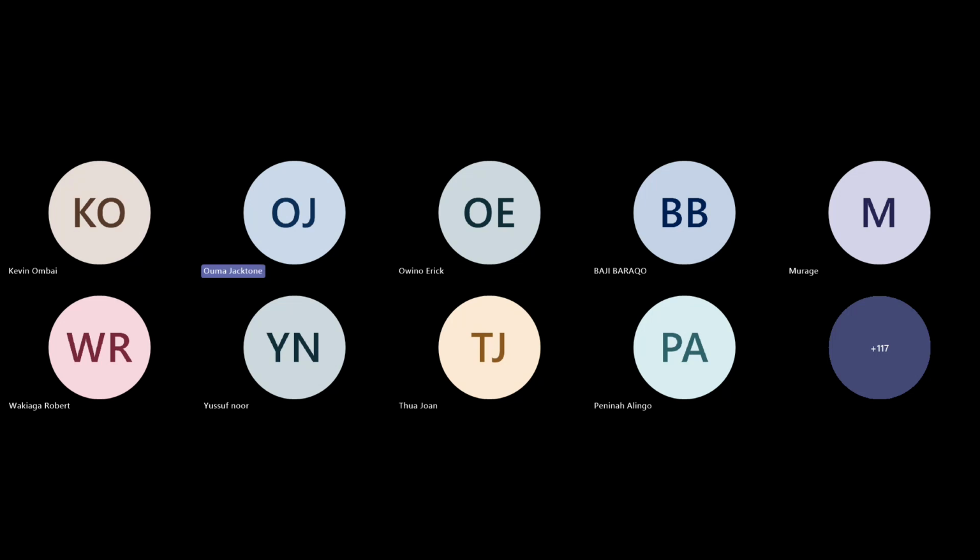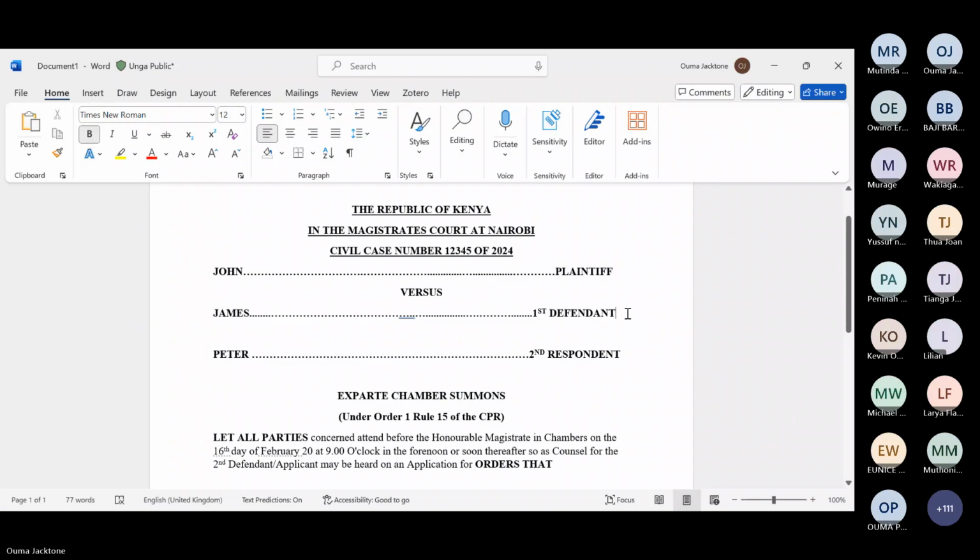Okay, so there is my screen with a sample of chamber summons. Let me project. I don't know whether you can see. It's showing it's projecting on my side. I don't know why. Not yet from my end. So this is it.